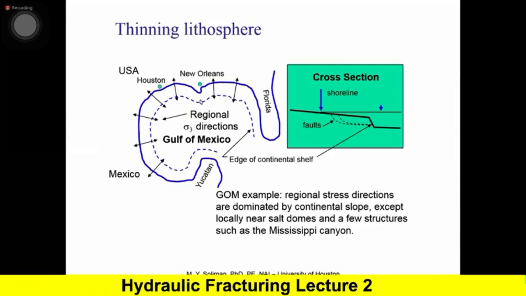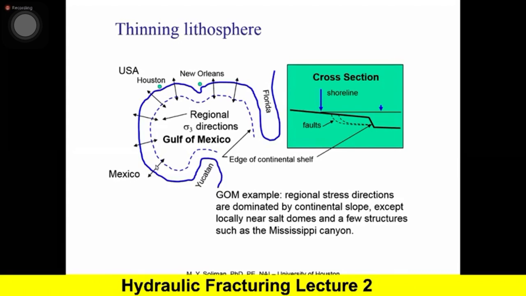Another is the thinning of the Earth, basically the lithosphere. As an example, the Gulf of Mexico is getting thinner and thinner, so the stresses change. If you are near New Orleans, your minimum stress is like this, and your fracture is perpendicular to it.